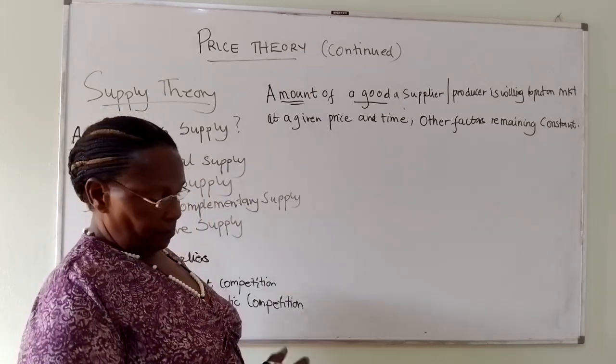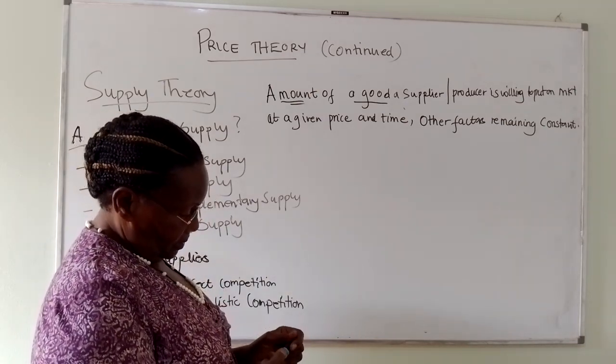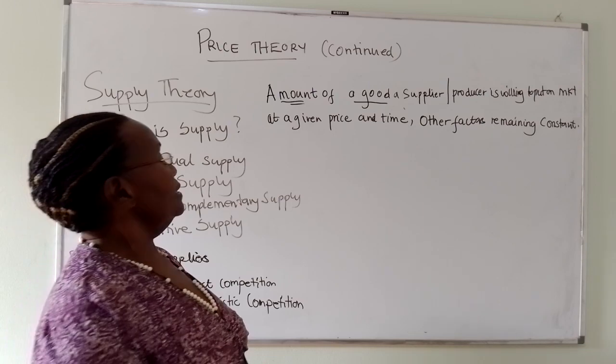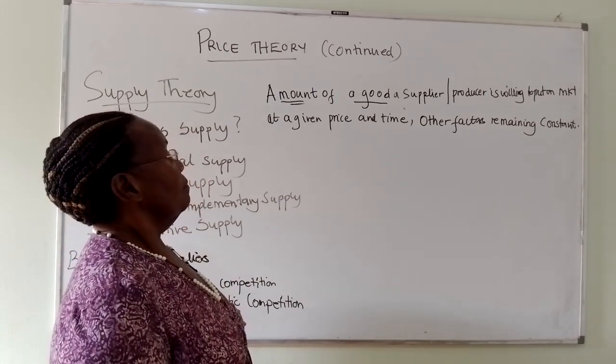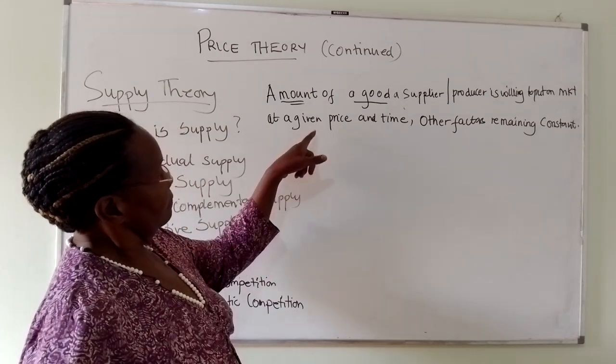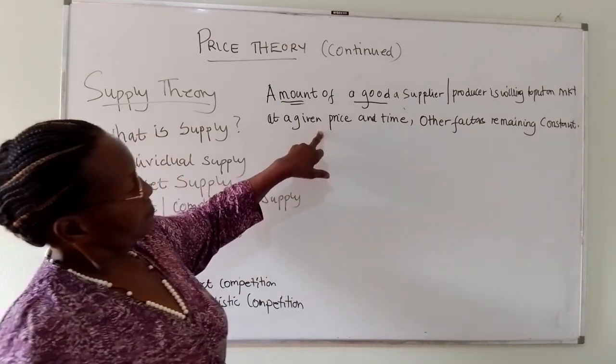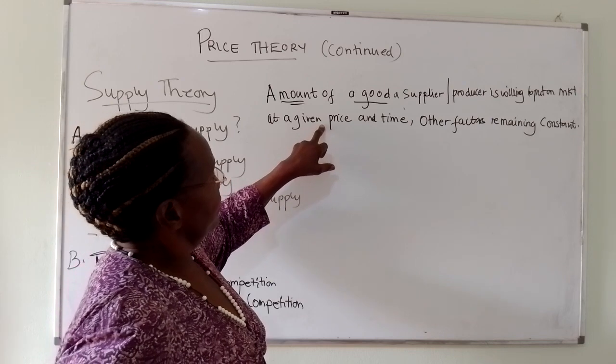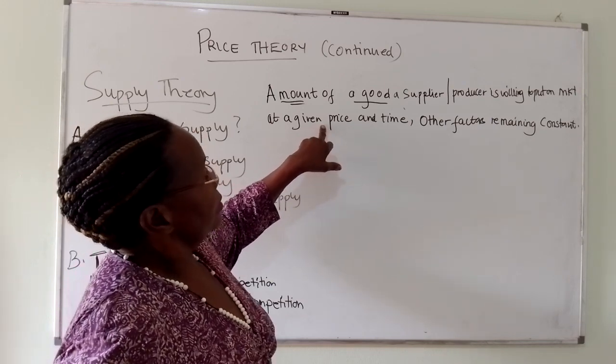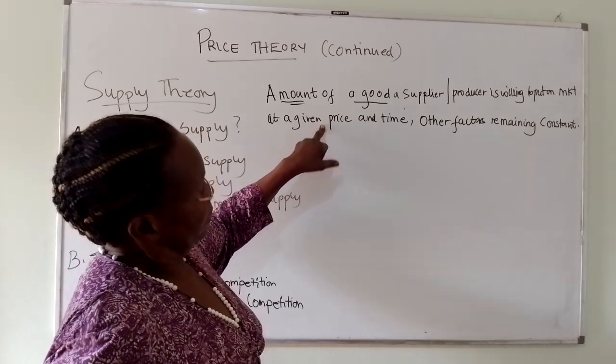We know that for a supplier, there are many factors that influence the quantity that he will produce. But here we are focusing, for understanding purposes, on the factor of price. If the price of a commodity changes, how is our supplier, our producer, going to react?